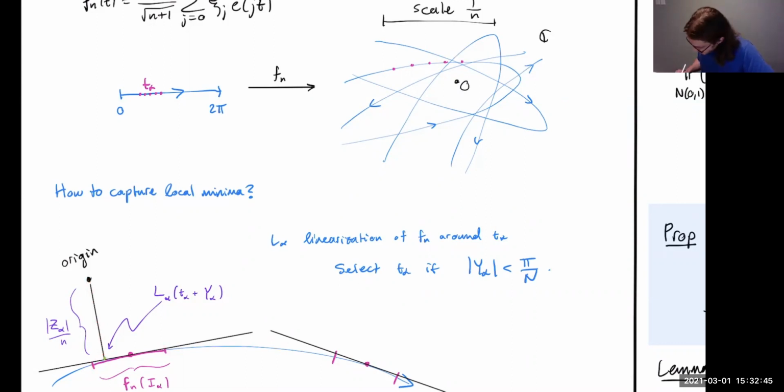If you were to do this with any other one, so here I just put this one over here to exaggerate it, you can also linearize here. And if you drop a perpendicular from the origin to that straight line, that happens over here on the line, which is very far from the image of T alpha over here.